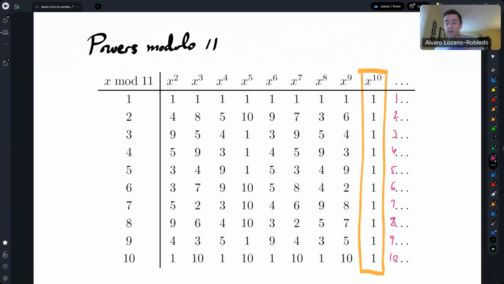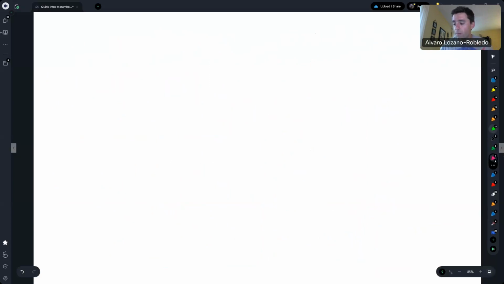The next column would be that column. So this tells me that a to the 10 is congruent to 1 modulo 11 for all integers a that are not 0 modulo 11. So not divisible by 11, then the 10th power will be 1. And that precisely is the statement of Fermat's little theorem.